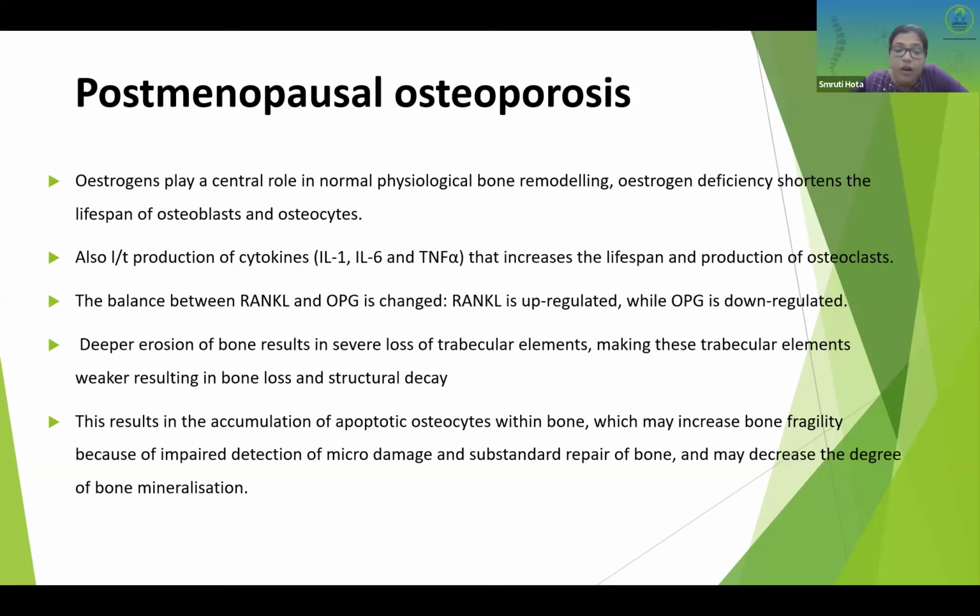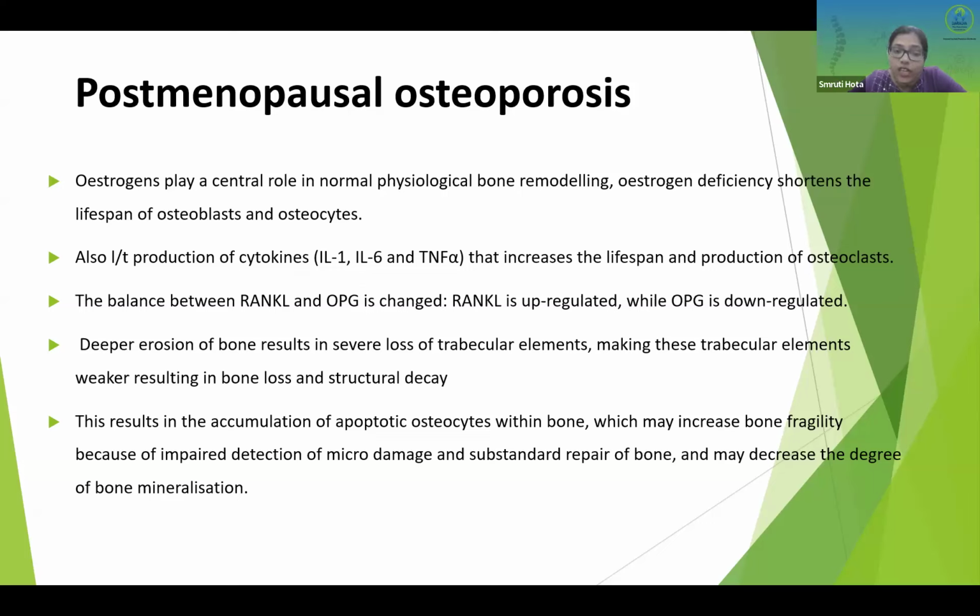RANKL is now upregulated, which promotes osteoclast activity, and osteoprotegerin, the natural inhibitor of RANKL, is downregulated. And as bone resorption exceeds formation, we see deeper trabecular erosion, and the internal scaffold of bone becomes thinner, weaker, and structurally compromised.